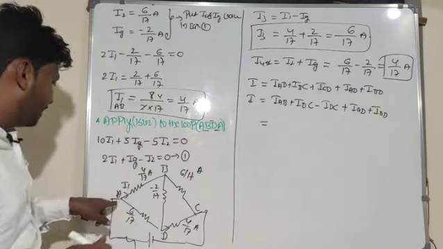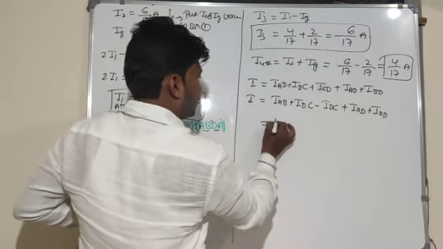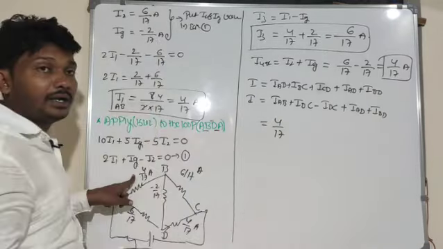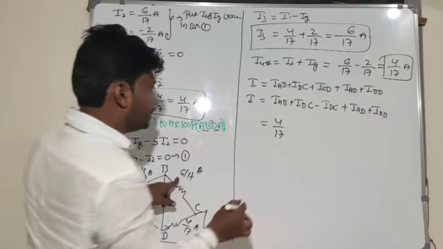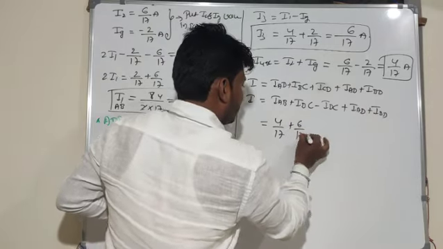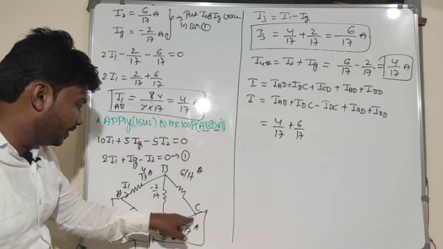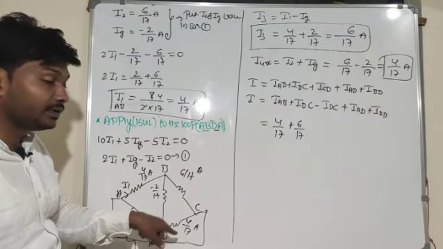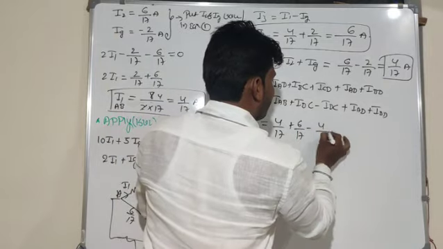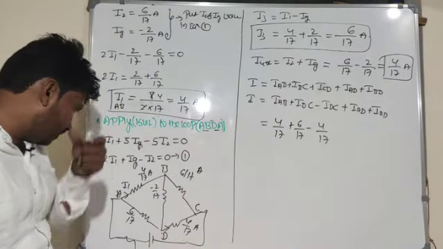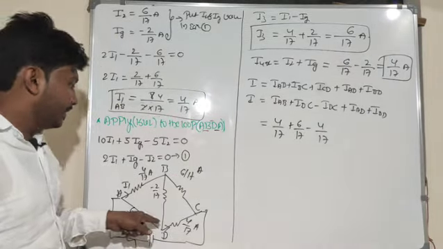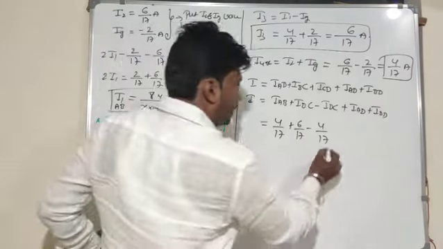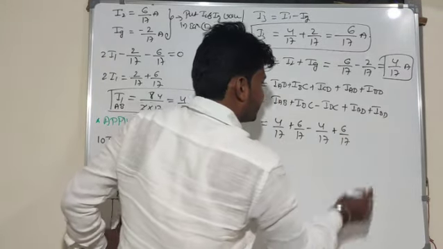Between AB, 4 by 17. Between B to C, 6 by 17. D to C, 4 by 17, so C to D is minus 4 by 17. Between A and D, plus 6 by 17.